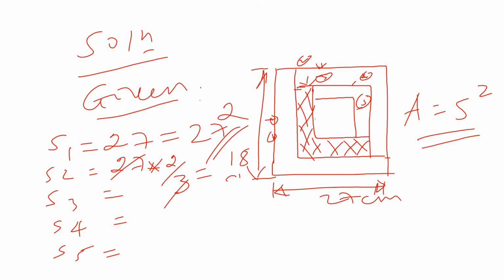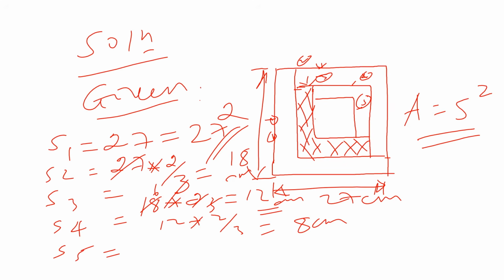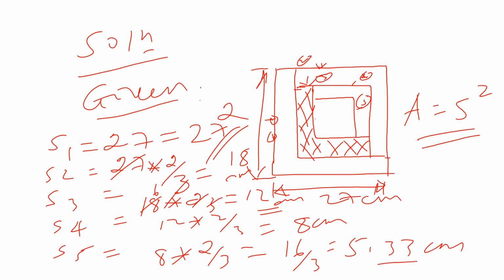This is 18 centimeters. For square 3, the side length is 18 times 2 over 3, which is 6 times 2, 12 centimeters. For square 4, we have 12 times 2 over 3, which is 8 centimeters. These are the side lengths. For square 5, 8 times 2 over 3 is 16 over 3, which is around 5.33 centimeters. Here we have analyzed the side lengths of each square up to square 5.